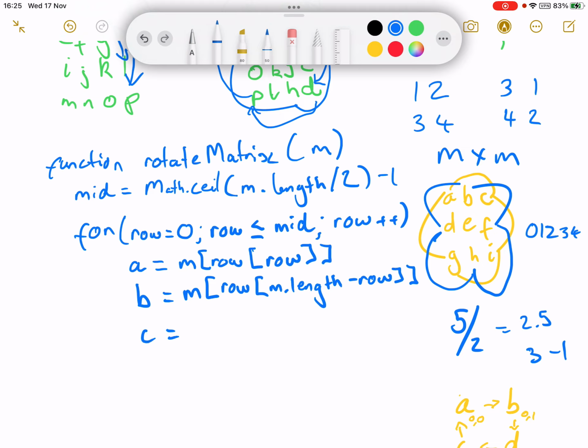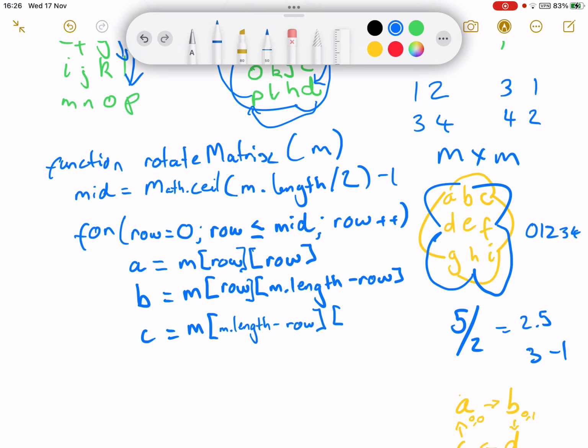C is equal to M, man, why am I indexing like this, bro? Dang, you index like that? Yes, I do. Row, M row, M dot length minus row, right?